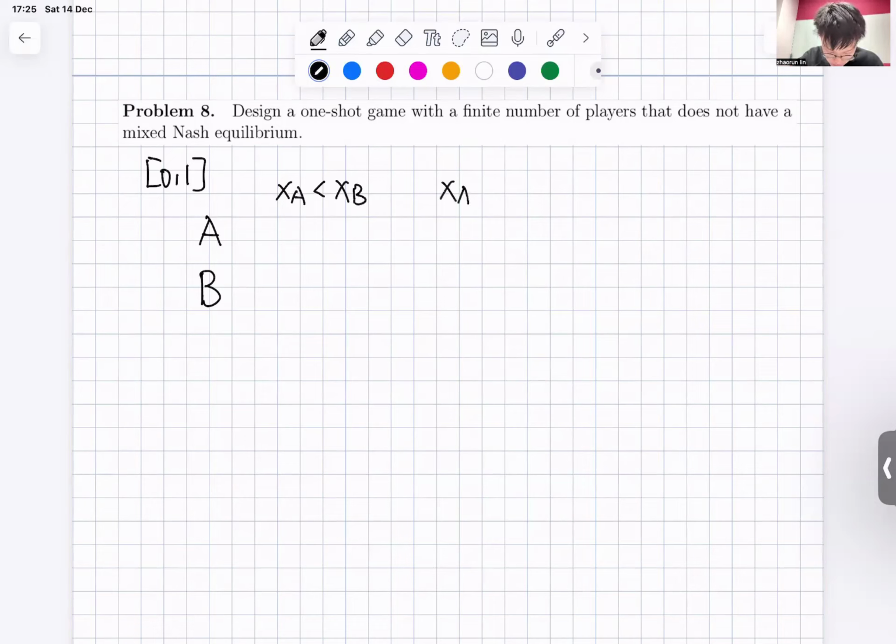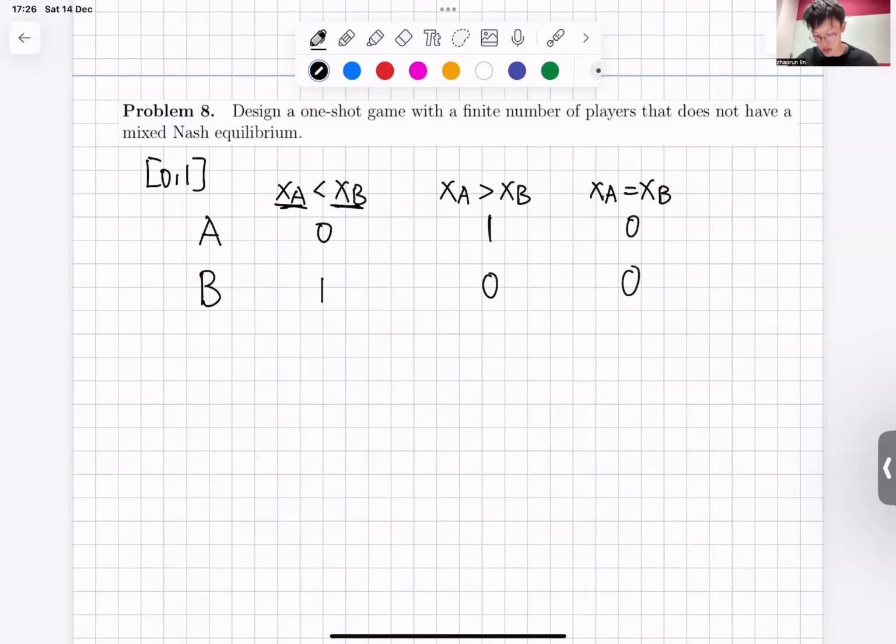So this is the payoff table. But when they have an equal number, they have 0 payoff. So when XA is smaller than XB, these are the numbers they give, XB has a payoff of 1, and vice versa. And when the two numbers are equal, they both have 0 payoff.